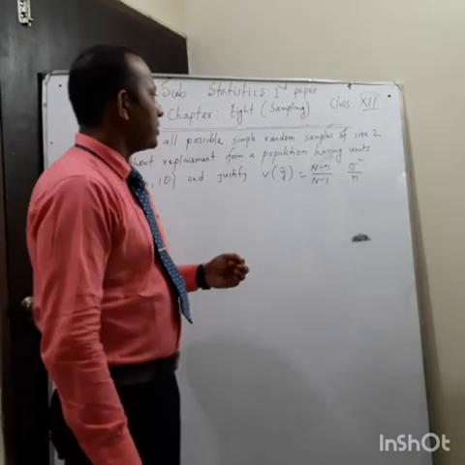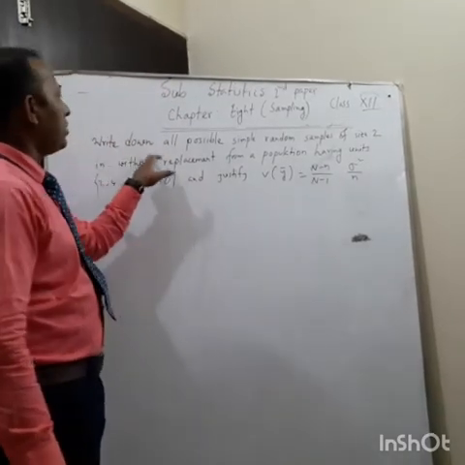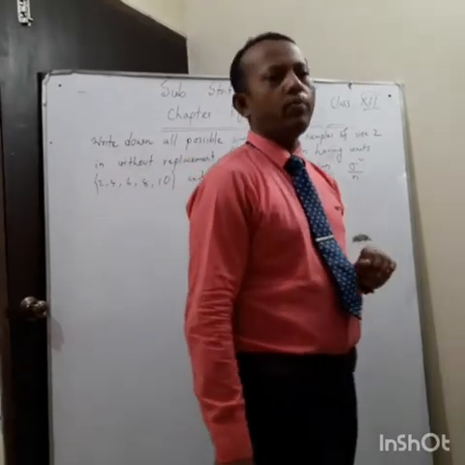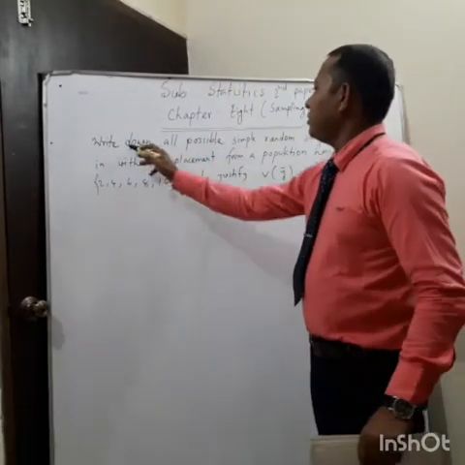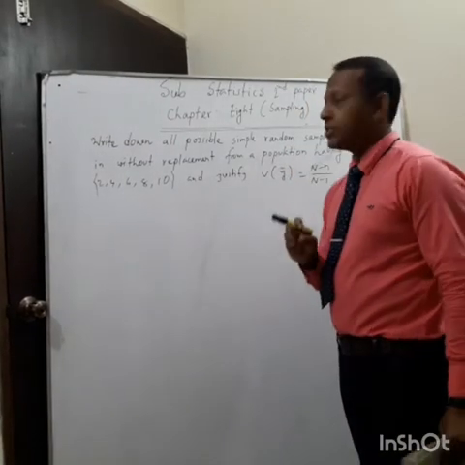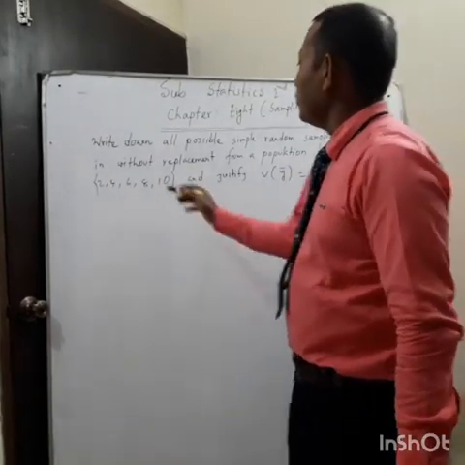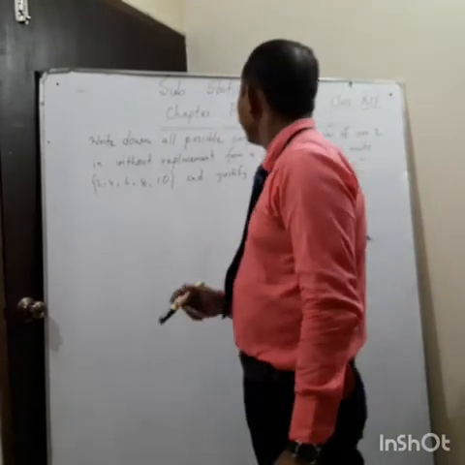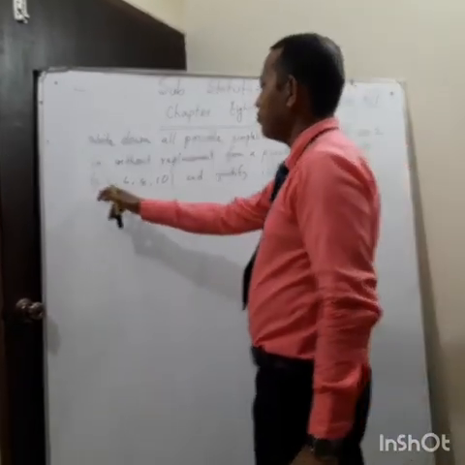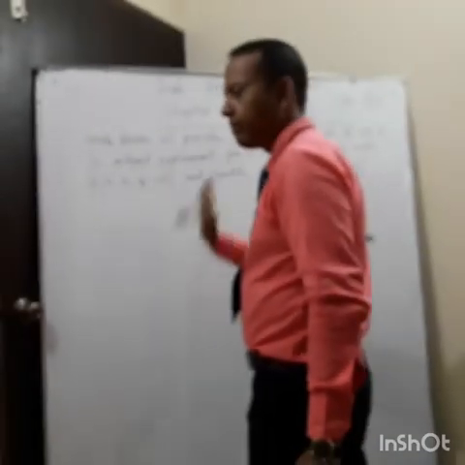Now the question is: write down all possible simple random samples of size 2, without replacement, from a population having units 2, 4, 6, 8, 10.